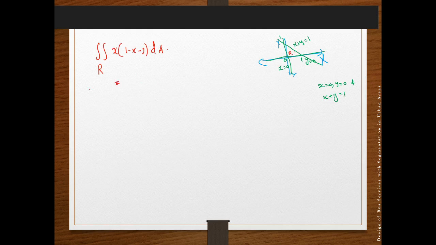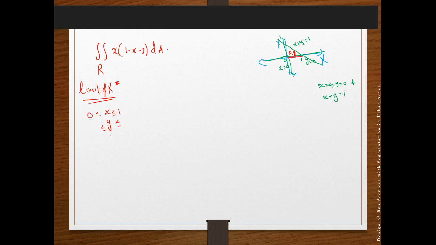Now we have to find out the limit of R. So tell me, if I am taking a horizontal vertical strip, what are the limits of x and y? Anybody? x is equal to 0 to 1. Good.